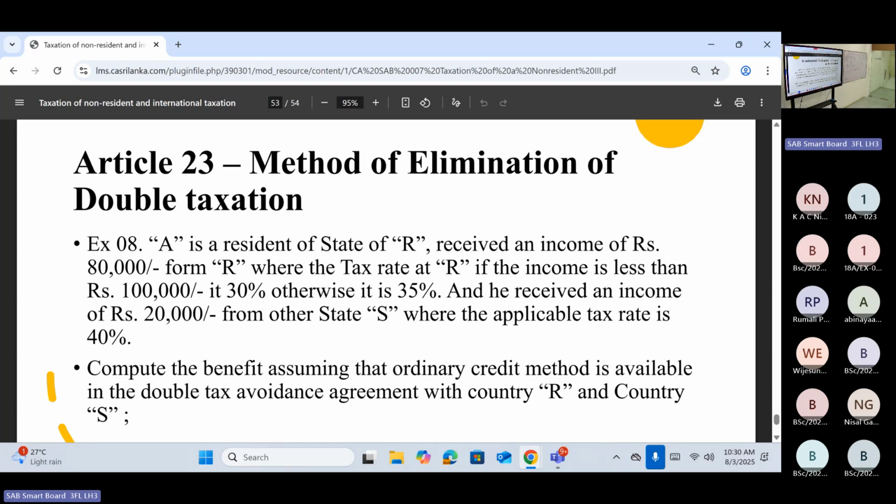So this is the ordinary method. So that answers the question. Right? There's a maximum limitation, a maximum rate limitation. So most agreements go with this method. So that is somewhat okay, right? Because for a tax revenue maker, just like a country like Sri Lanka, we are depending on tax revenue.